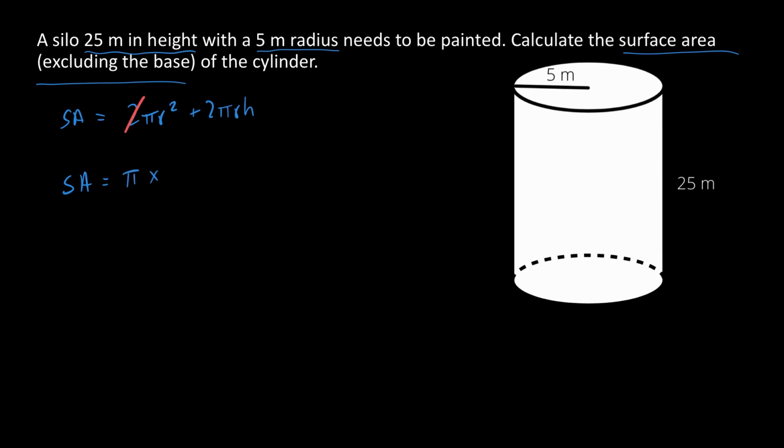So it's going to be pi multiplied by the radius squared plus 2 multiplied by pi multiplied by 5 and then multiplying by the height, which is 25. And that's going to work out to be 863.9 meters squared. Again, correct to 1 decimal place.